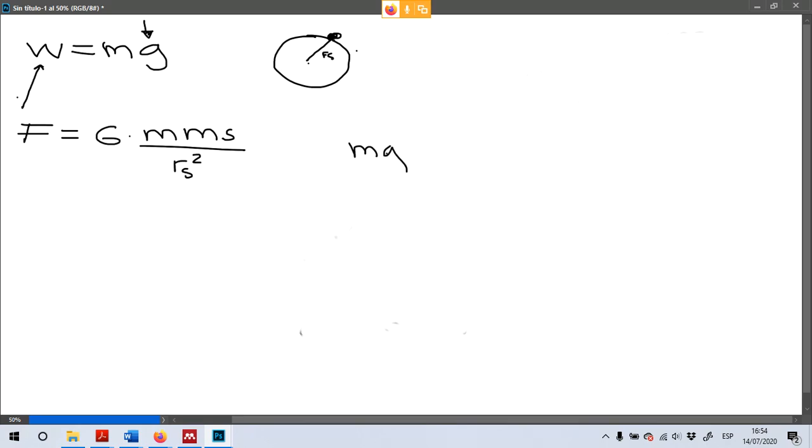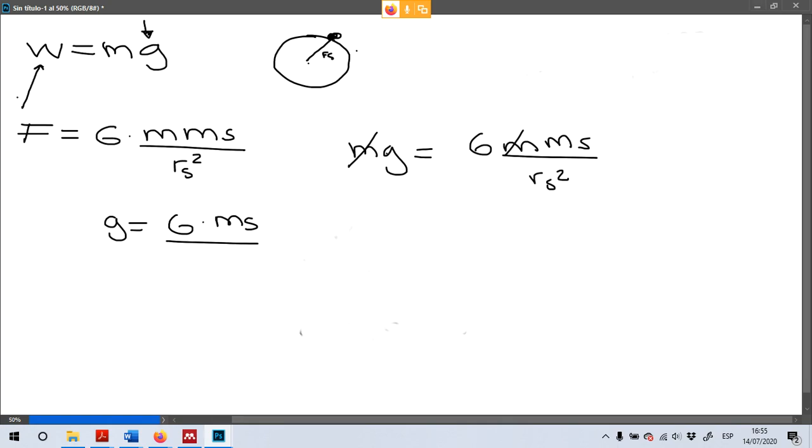When we do this, we have that the mass of the object, remember this is the same mass, cancels out, and so we find that g is only the gravitational constant times the mass of the star divided by the radius of the star squared.